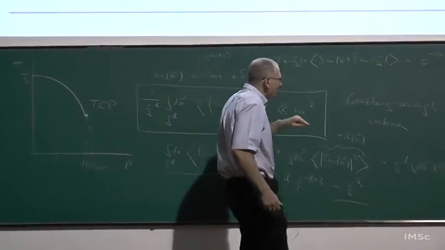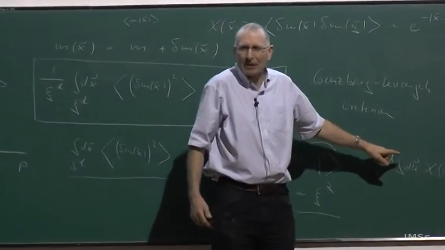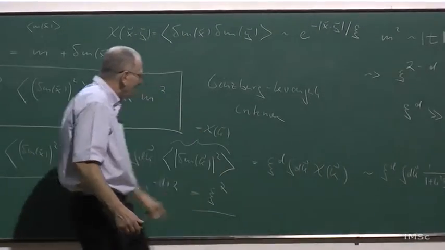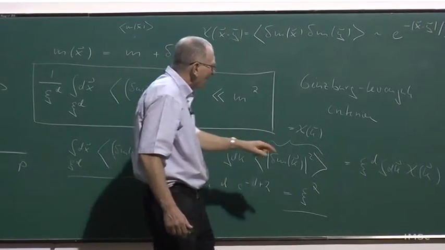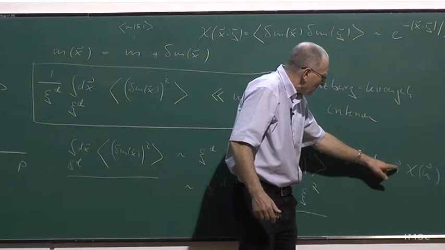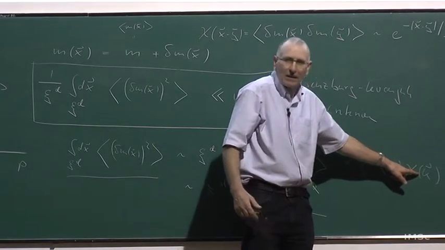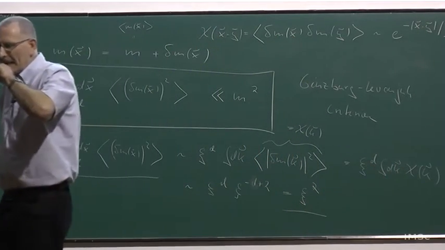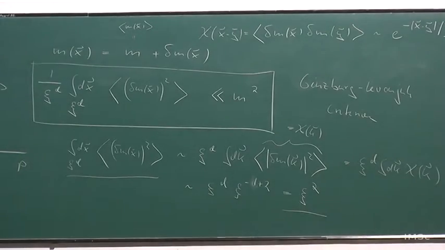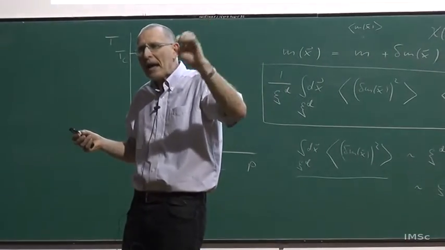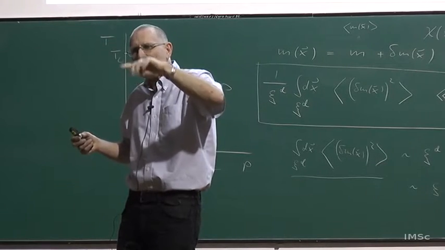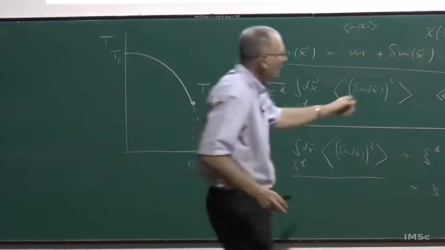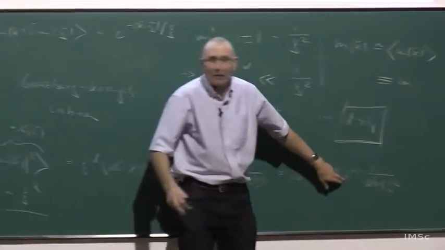What happens is that the phase space available to the fluctuations increases. What we are calculating here, the crucial quantity, is a d-dimensional wave number integral over a susceptibility. Now the susceptibility diverges as 1 over k squared in any dimension. But that 1 over k squared, that large susceptibility, gets spread out over d dimensions in phase space.